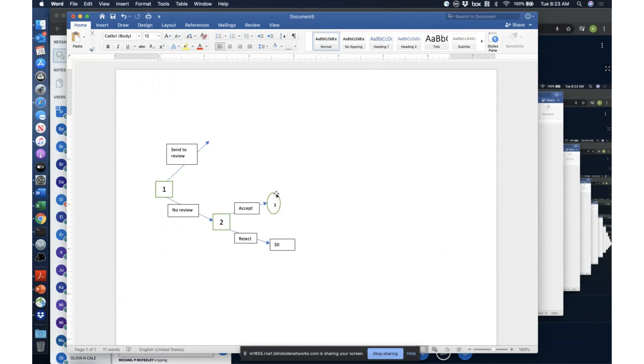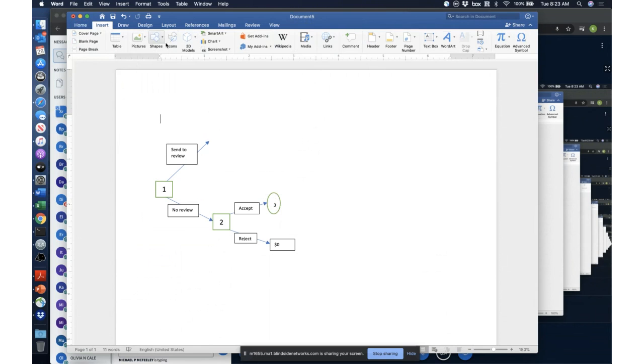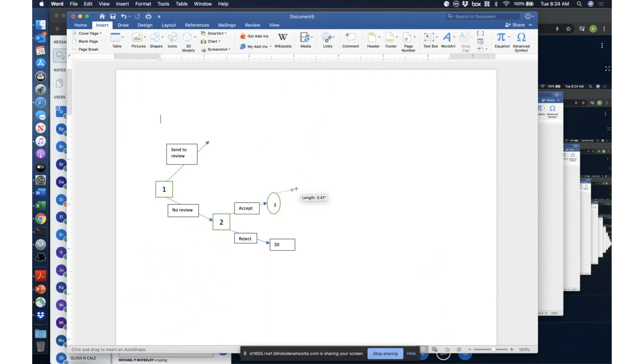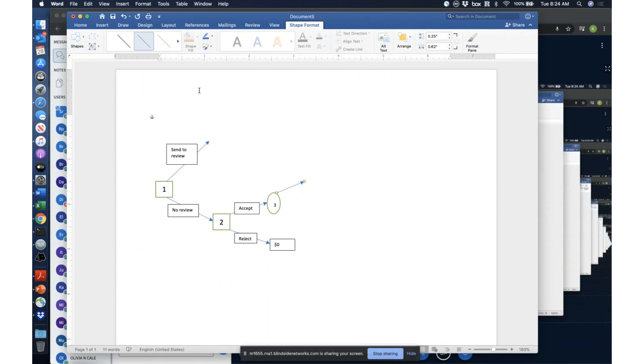This is a state of nature. Here, the two options are the manuscript is successful or the manuscript is not successful.